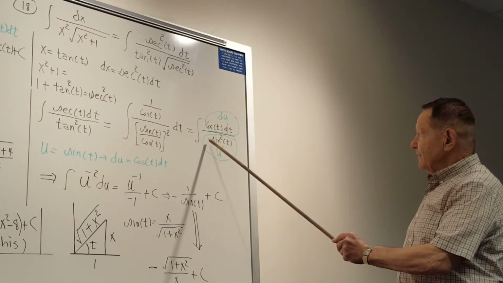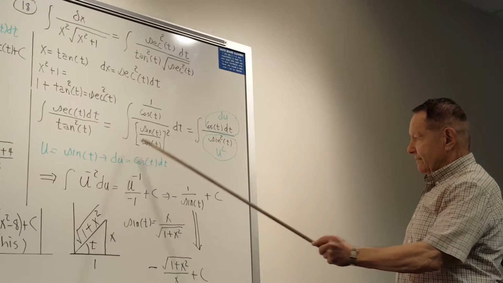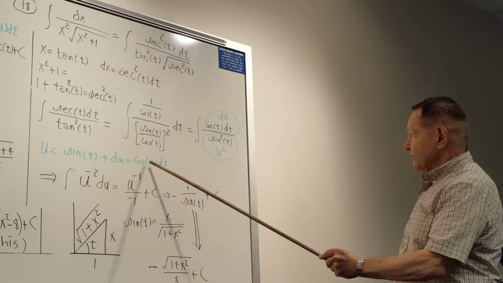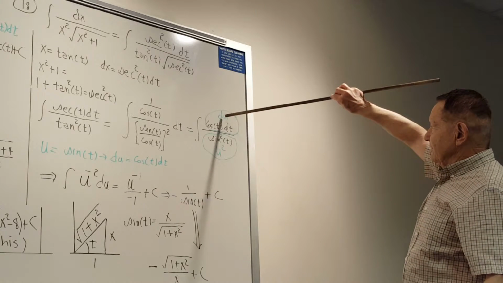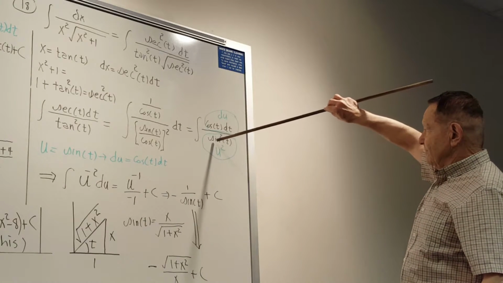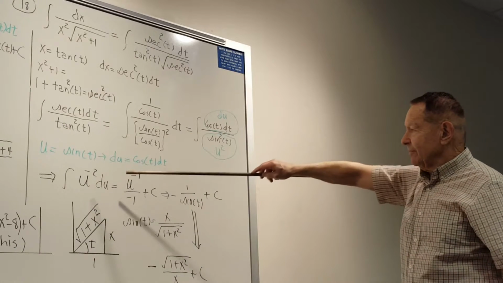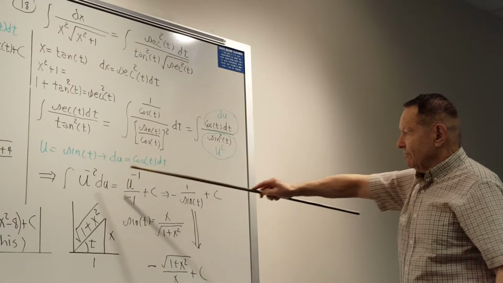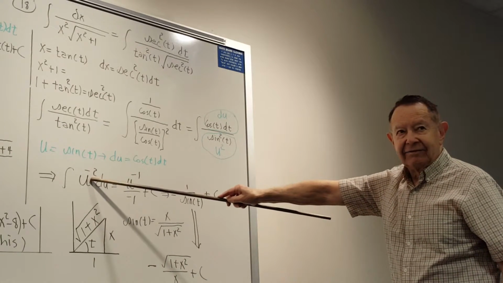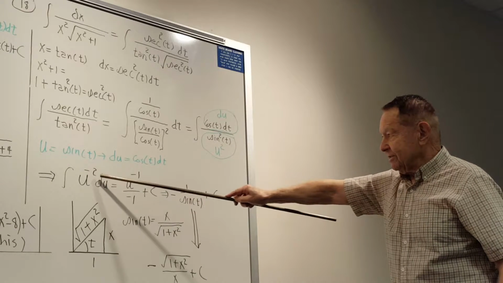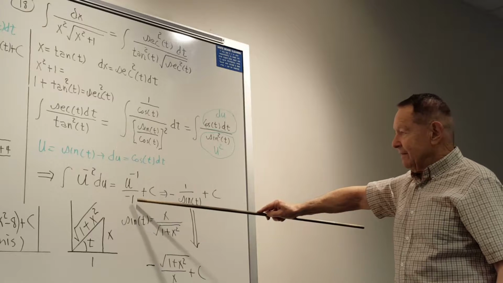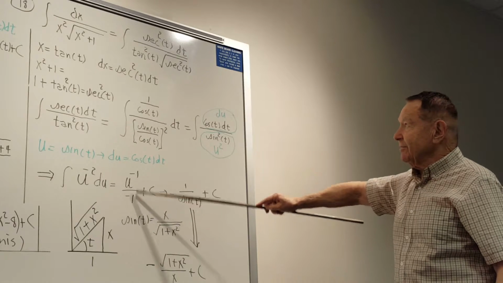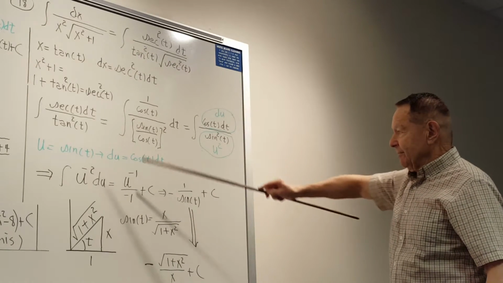So then if you let u be sine, du is cosine t dt. So this becomes du over u squared. Okay, and then you can rewrite that with the negative exponent, and then just add 1 and divide by your new exponent. Now you still have to get back to your x finally.